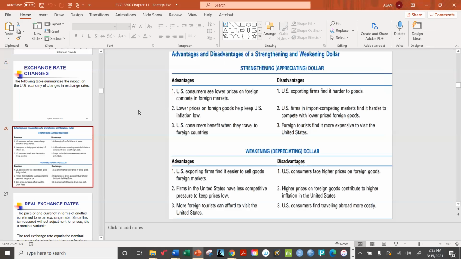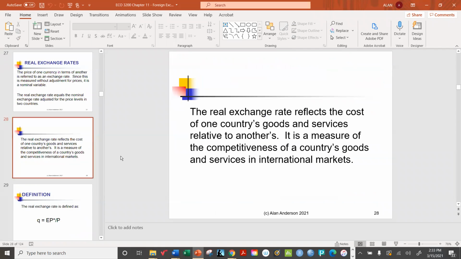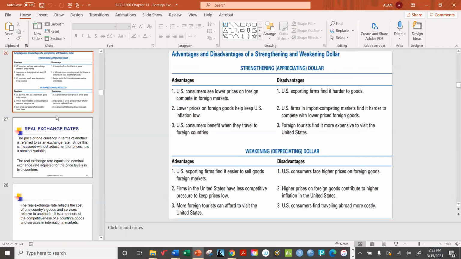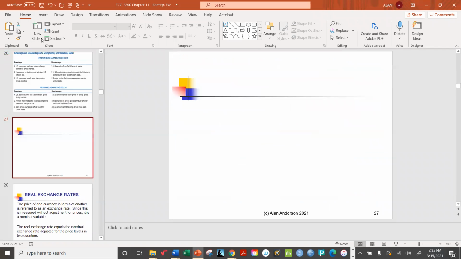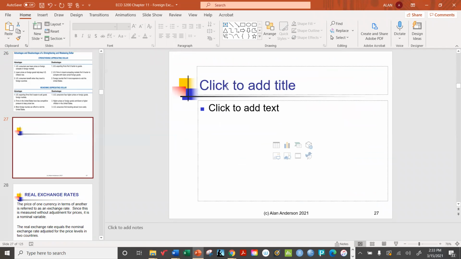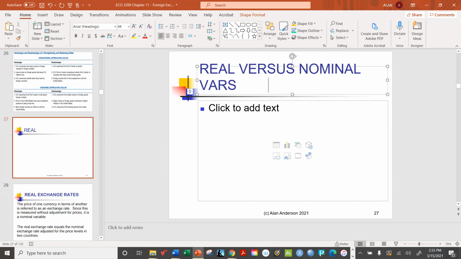And so what we're going to do now is introduce a very important idea that you might not have thought about before, but if you recall from any other economics classes you've ever had, we often make a distinction between real and nominal variables. So let's just quickly review that for a second.